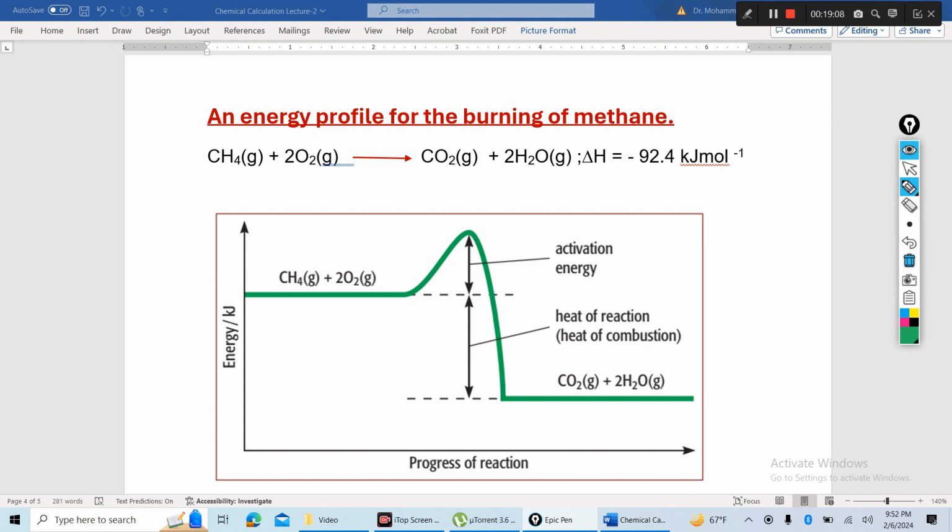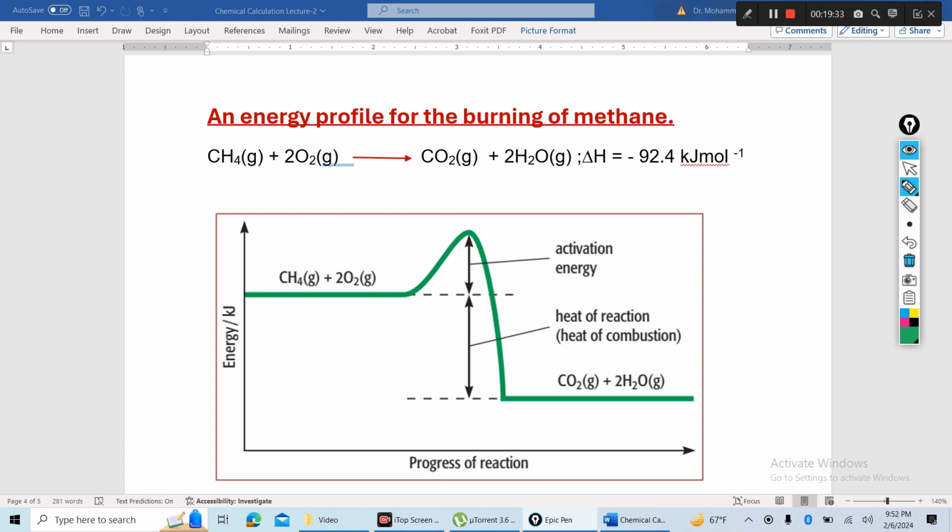This reaction's del H value is minus 92.4. That means from this value we can understand that this reaction is an exothermic reaction. I mean during this reaction 92.4 kilojoule energy is released, produced, given out.